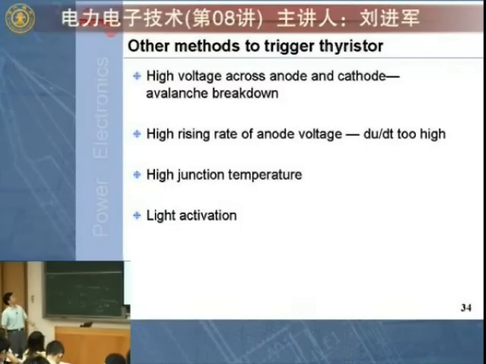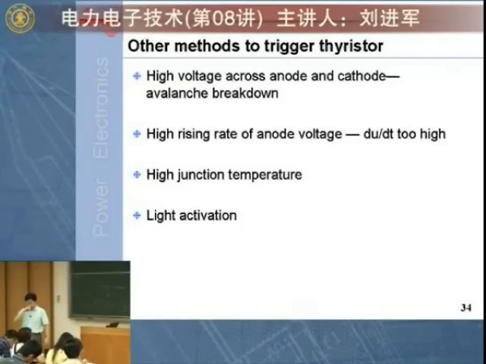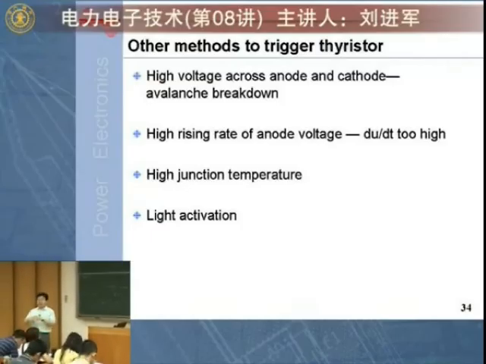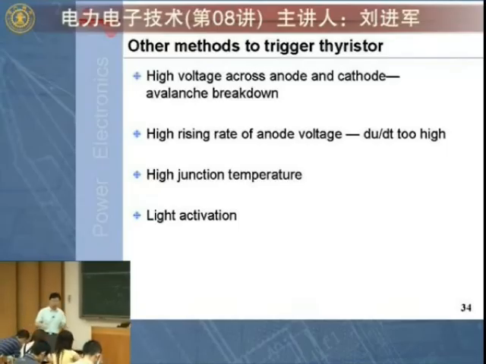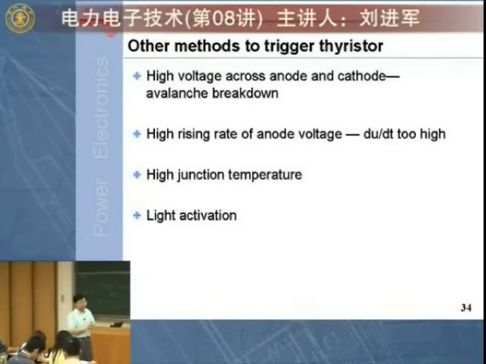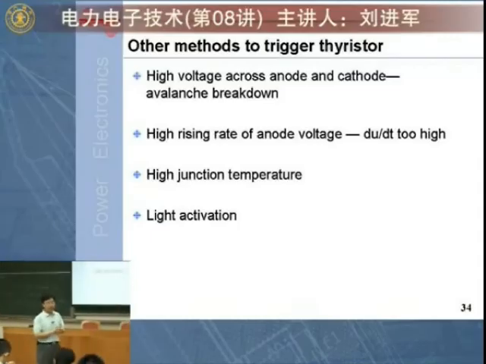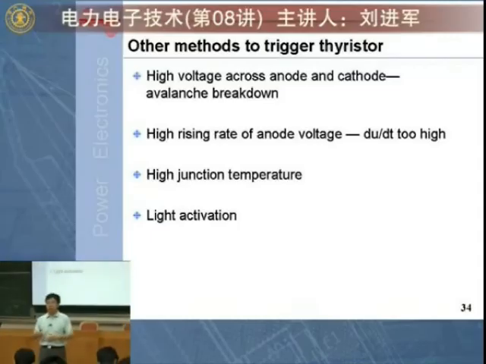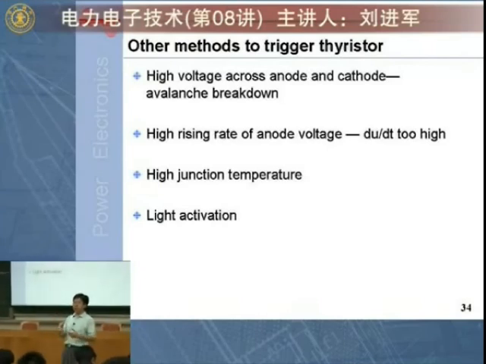There are other methods to turn on the thyristor. So far, if you remember, the conditions for us to turn on a thyristor is to have the thyristor between A and K subjecting to a positive voltage. You have to apply positive voltage between A and K. That's the first condition. Second condition, you are injecting current into the gate.